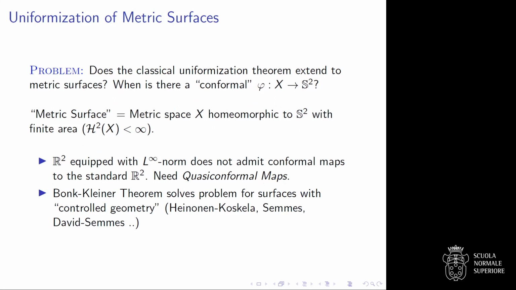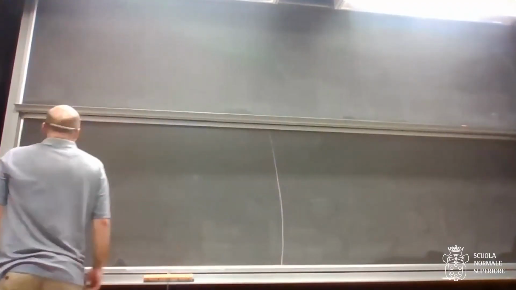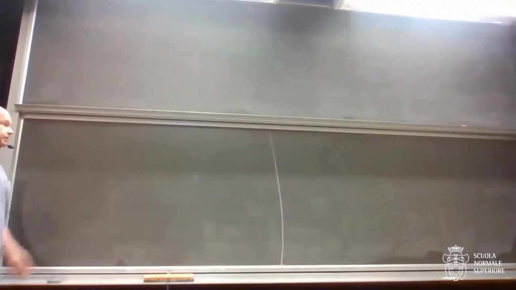Because whichever definition you use, by results of Juha Heinonen and Pekka Koskela, and similar results by Stephen Semmes and David Semmes, the quasi-symmetric mappings and quasi-conformal mappings classes are exactly the same if you have Ahlfors 2-regular spaces with the LLC condition. So we want to extend this to more general surfaces that still have finite area, but are not Ahlfors 2-regular.